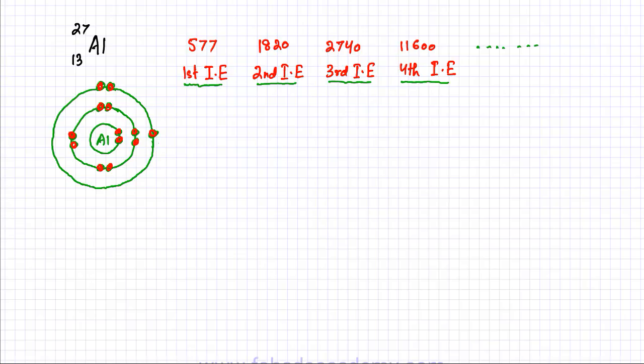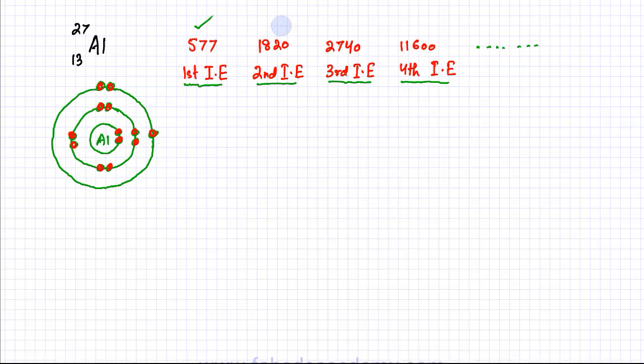Now, the question is going to look like this: they would assume that you don't know whether this is aluminium or not, and they would give you different options. For example, they can ask you in which group of the periodic table this particular element is. If you look at the ionization energies, removing the first electron is easy because it's the farthest away from the nucleus.